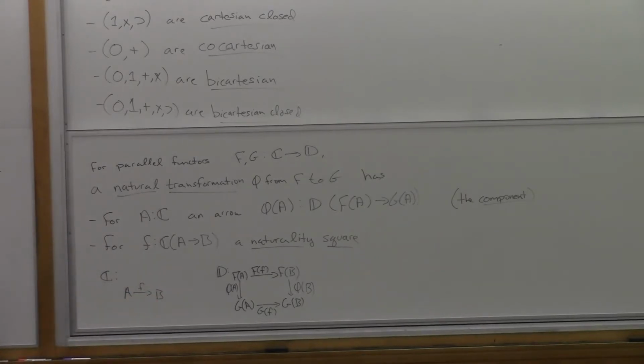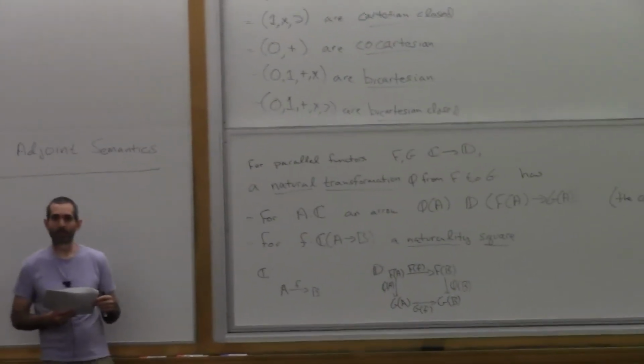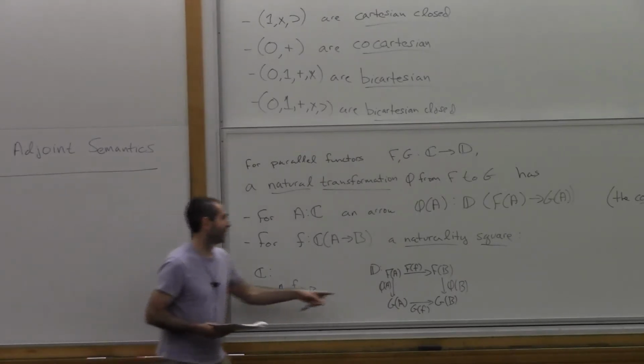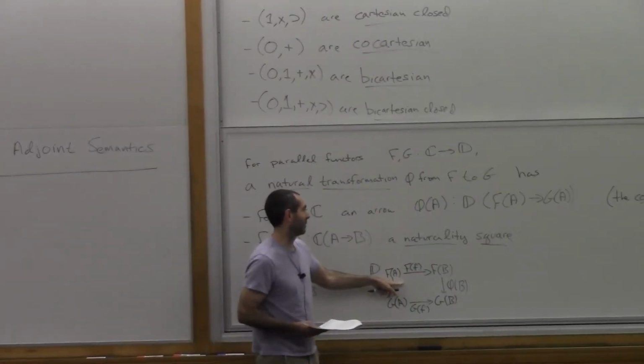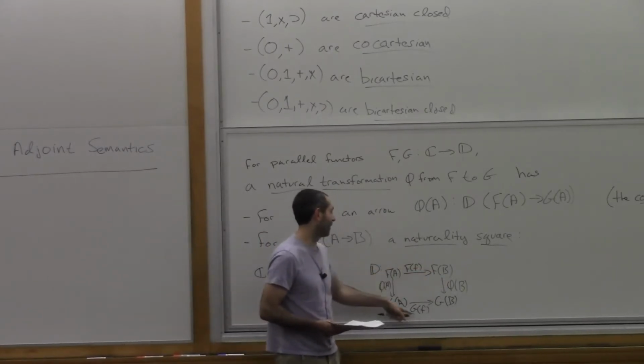Does that make sense? So this is the naturality square, and I'm asserting that F of f followed by phi of B equals phi of A followed by G of f.